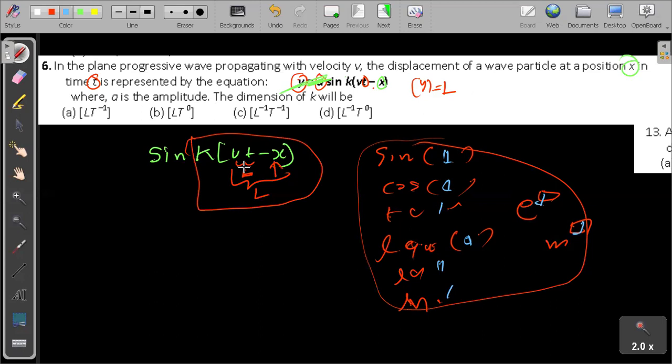So k into L should be one. kL equals one. So the dimension of k should be 1 over L.